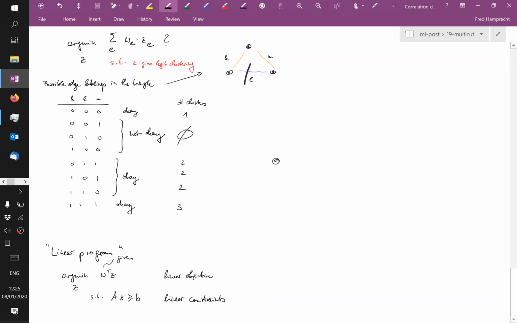And you know that for 3 points, let's say these are points here, A, B, and C, the triangle inequality states that if they live in a Euclidean space, the distance between A and B must be no more than the distance between A and C and the distance between B and C. So this is for points in a Euclidean space.